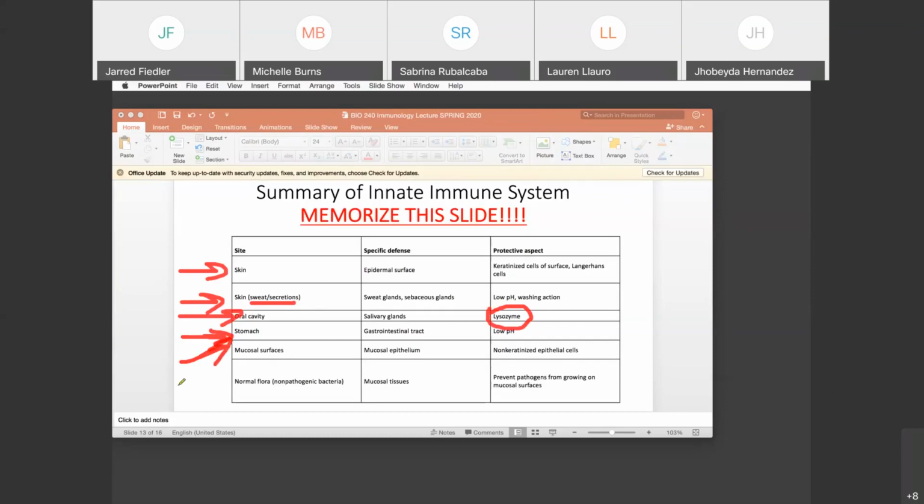And of course, this is something you learn in microbiology, but your normal flora, meaning the good bacteria that live in your system, the lining of your gastrointestinal system, for example, such as the good E. coli strains, will help fight off the bad strains of bacteria.